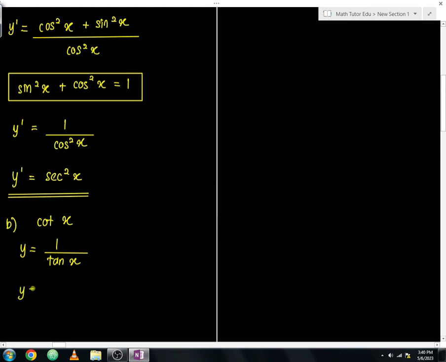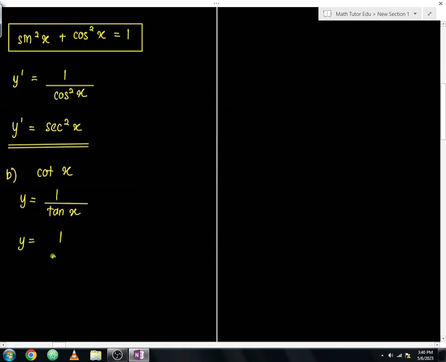Since tangent x is sine x over cos x, you can write your equation as 1 over sine x over cos x. Let me do it step by step.